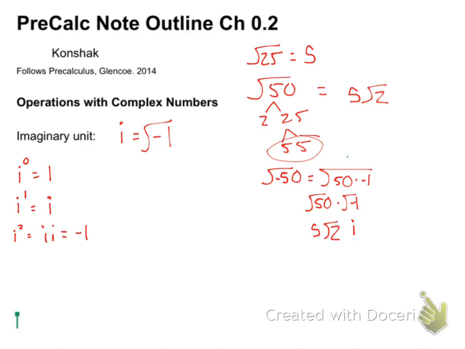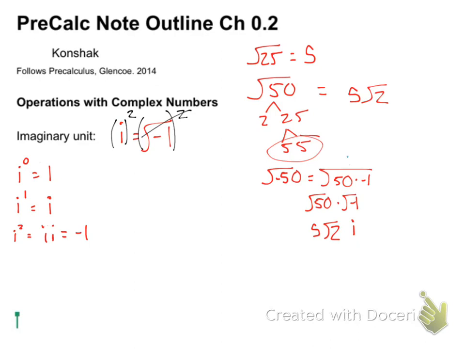First of all, if we go back up to I equals the square root of -1, if I square the left side, I square the right side, and the square root will cancel, leaving me with -1. Because what you do to one side, you have to do to the other. That's why I squared is equal to -1.